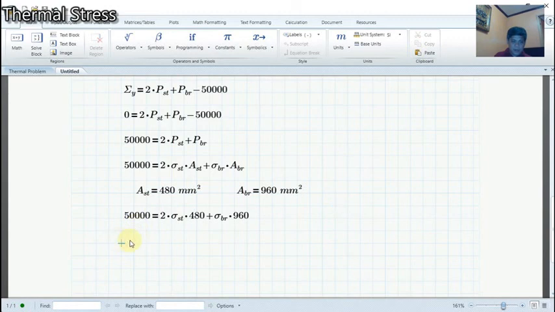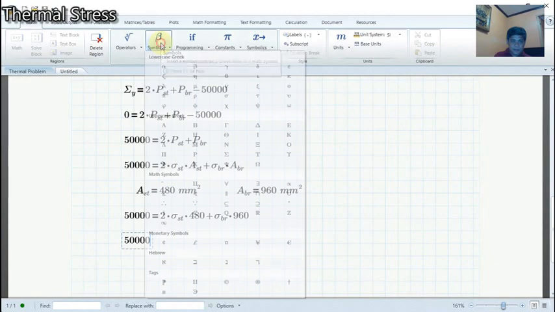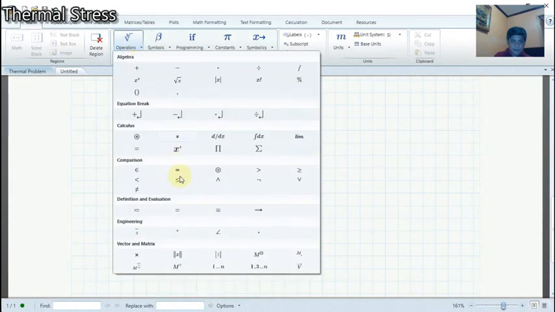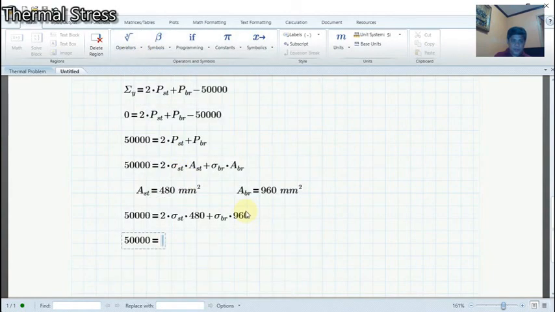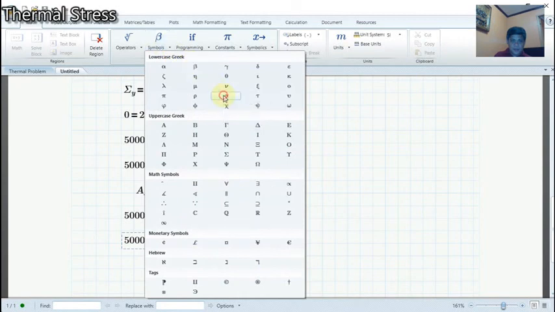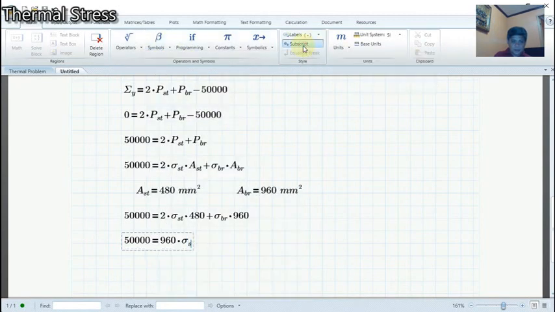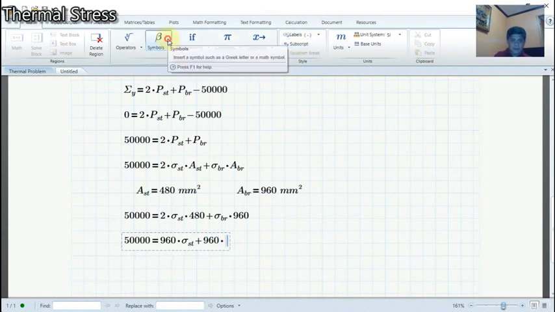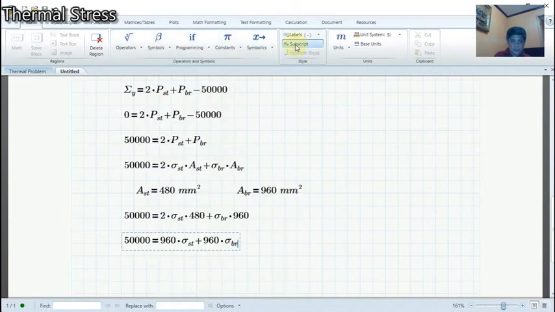Okay. So let us further simplify the formula. So we have now 50,000 equivalent to 2 times 480. So we have 960 times the stress in steel plus 960 times the stress in bronze.